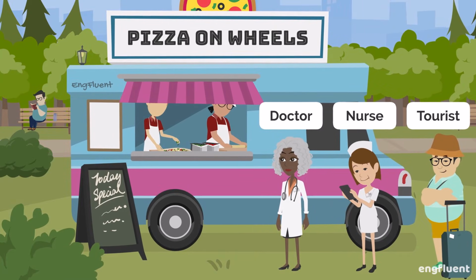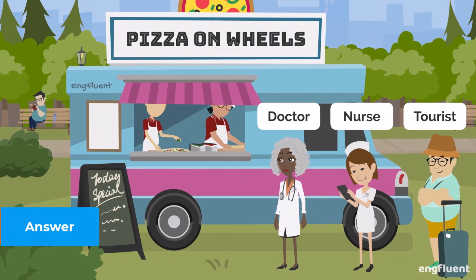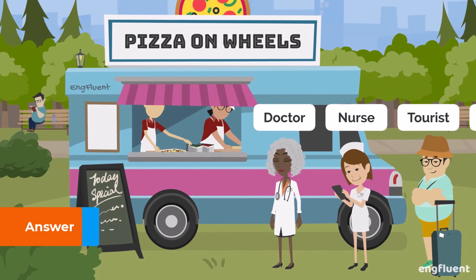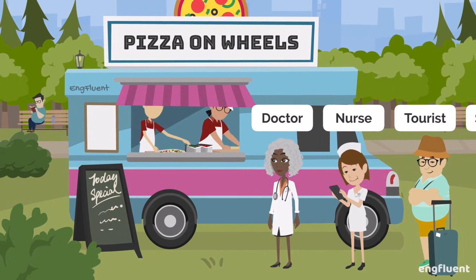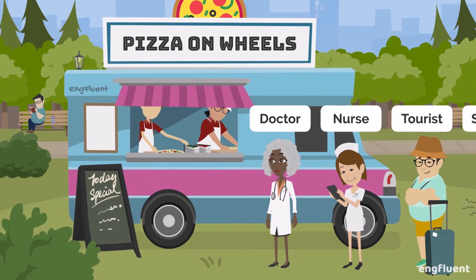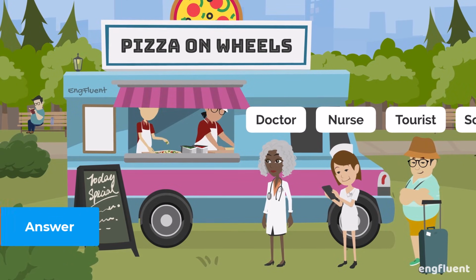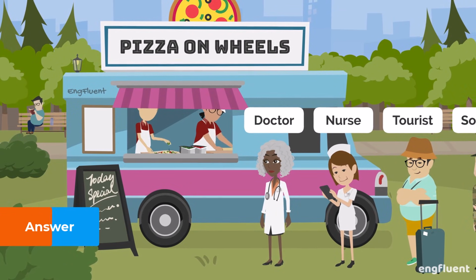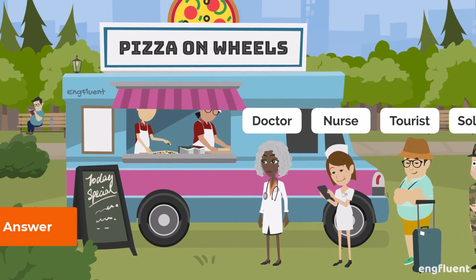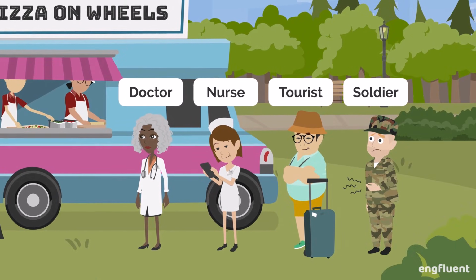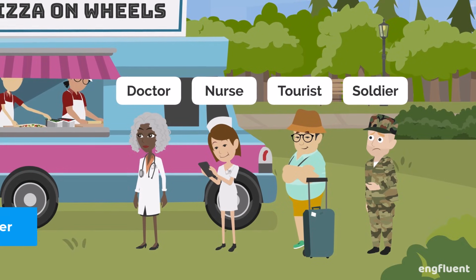Are there a lot of workers in the food truck? No, there aren't a lot of workers in the food truck. How many workers are in the truck? There are 2 workers in the truck. Is there a suitcase in this scene?